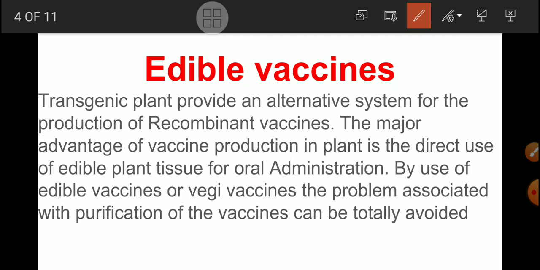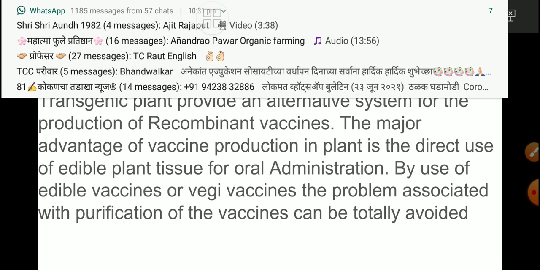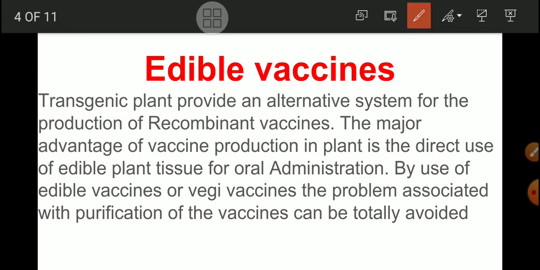Another thing is that right now there is a problem of distribution. A specific atmosphere is required for the transport of a vaccine from the company to specific hospitals or specific spots where the dose is given to the human being.